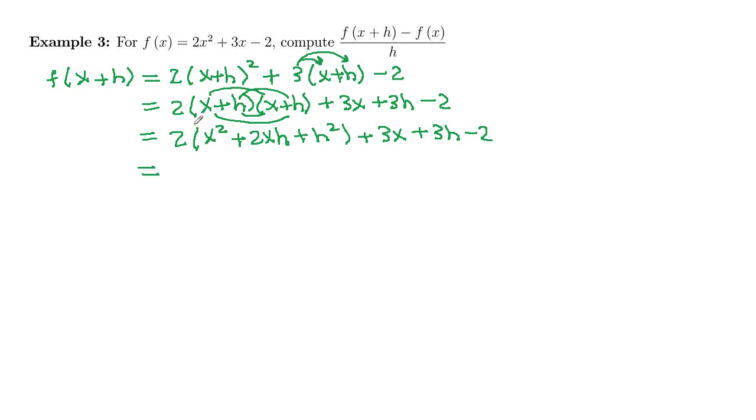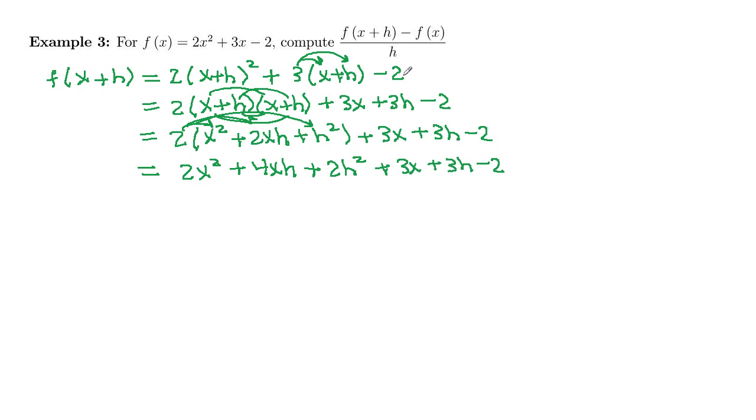So this is now multiplying the 2 in times each term here, so 2x squared, 2 times 2xh, 4xh, 2 times h squared, 2h squared, and then our plus 3x, plus 3h, and minus 2 on the end.